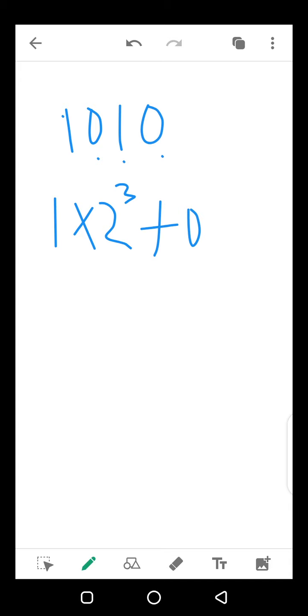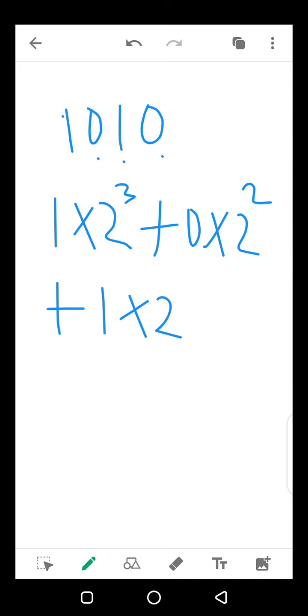Then for the second number, which is 1010, we convert it back to base 10. We have 1 times 2 raised to power 3 plus 0 times 2 raised to power 2 plus 1 times 2 raised to power 1 plus 0 times 2 raised to power 0.